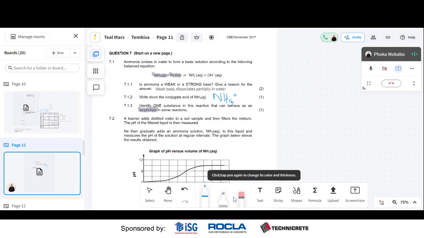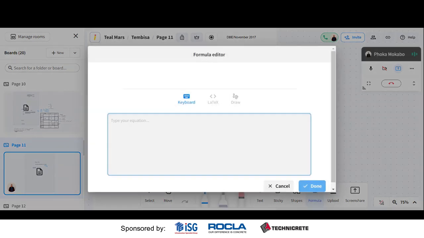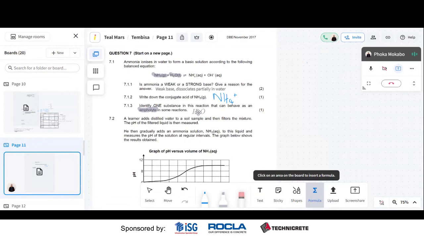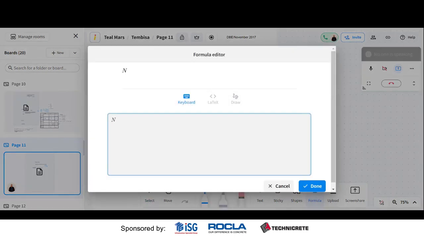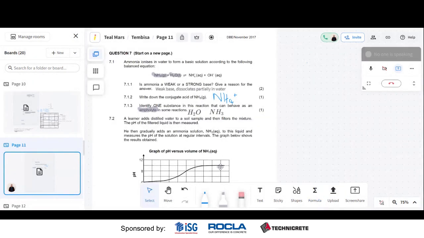In some reactions you'll have water act as an amphiprotic substance. In some reactions you'll have ammonia act as an amphiprotic substance. So both of them are amphiprotic, meaning they can act as either a base or an acid.